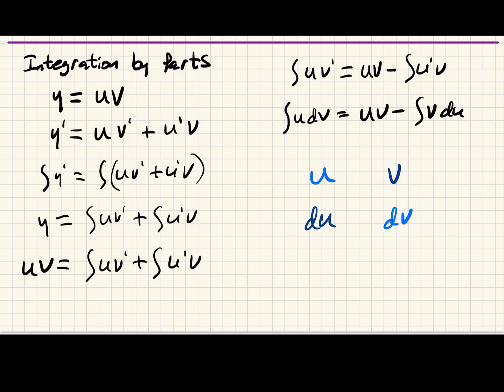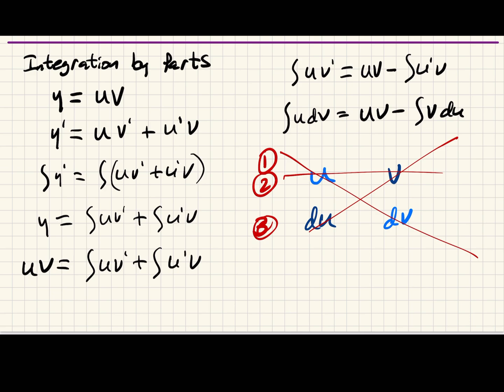Okay, now let's look at what we have here. One, on the left side, we have u dv, right? That right there. Two, we have u times v, that right there. And three, we have v du, that right there.